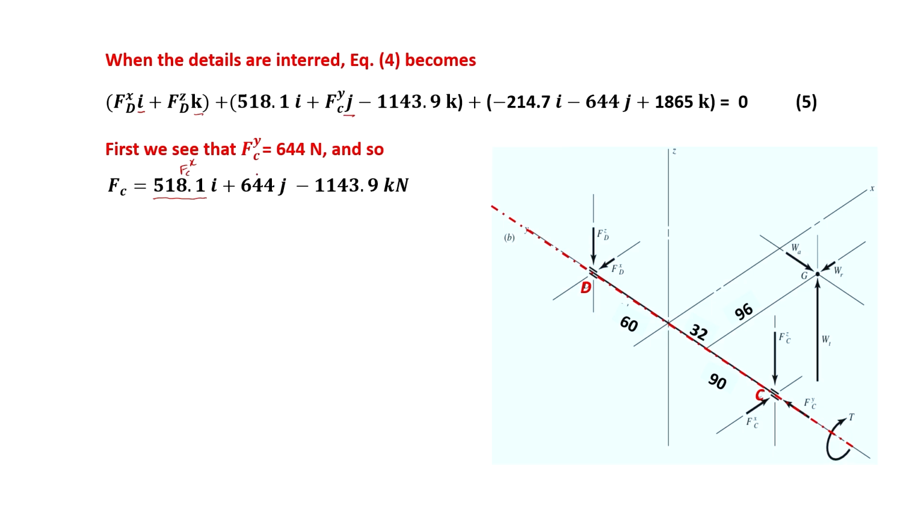This is the J component, FCY, and the K component is FCZ. So, we got all the reactionary forces at the bearing C. Similarly, the reactionary forces at D along the X is this one, so it is FDX, and along the Z is this K, and Newton, this is your FDZ.